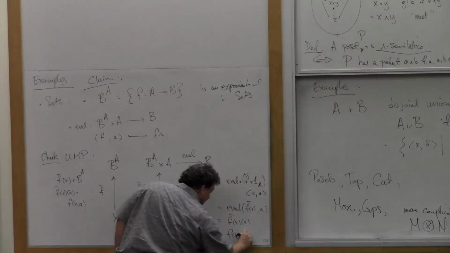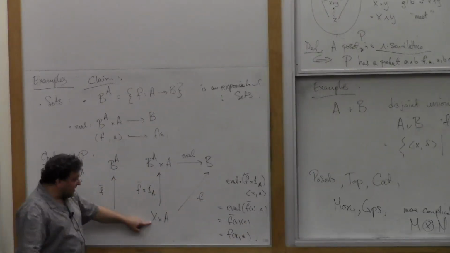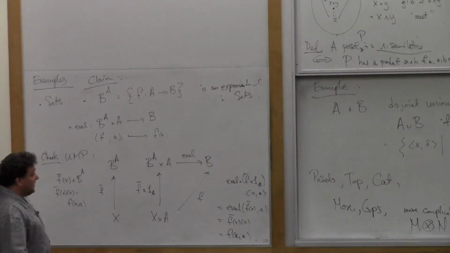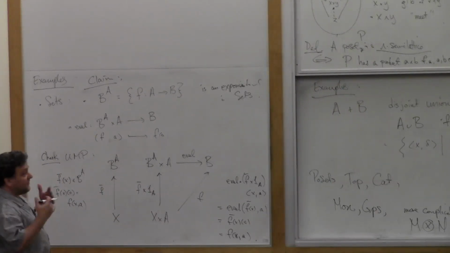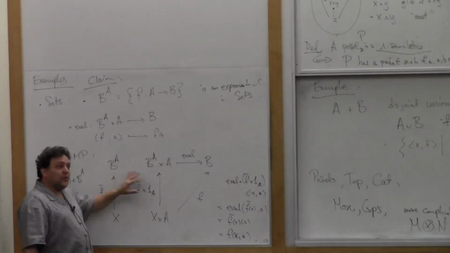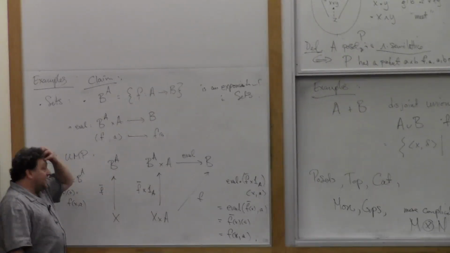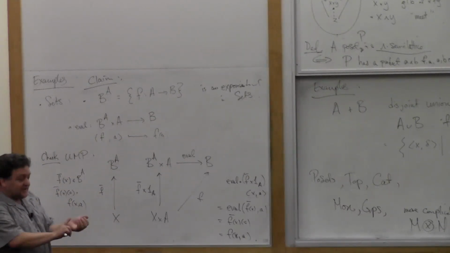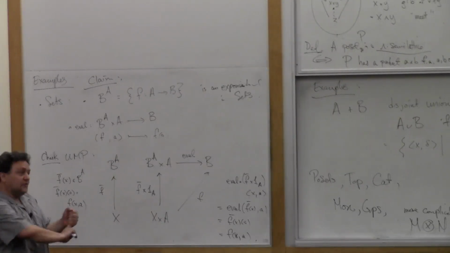It's the definition of f of x a. So that's exactly f. Yep. So the idea is that this universal property captures this idea of currying and evaluation, yeah? But it does it wholly in terms of products and composition and universality.